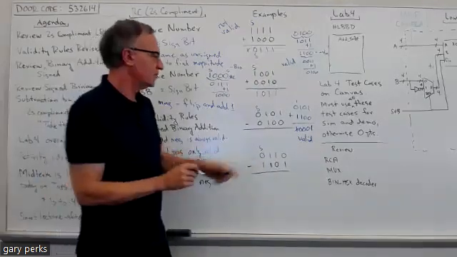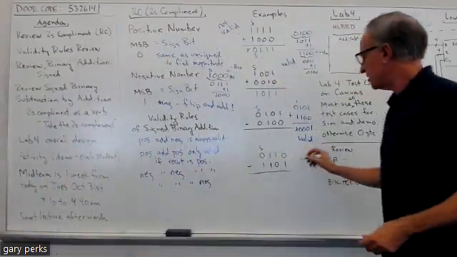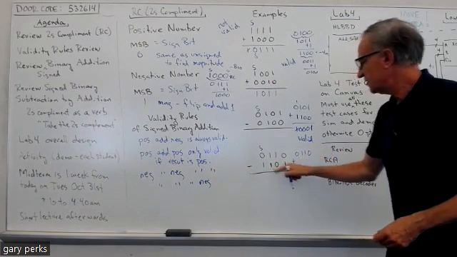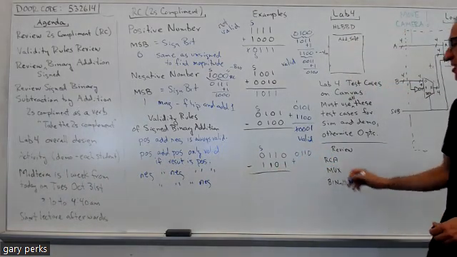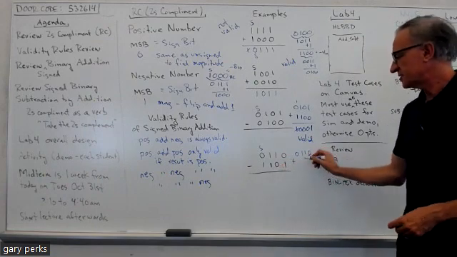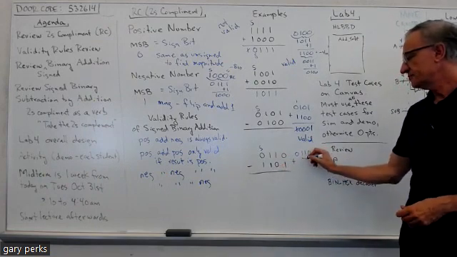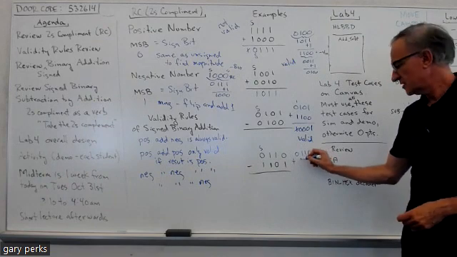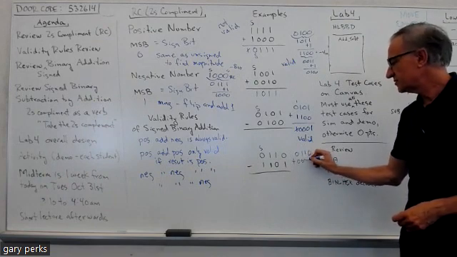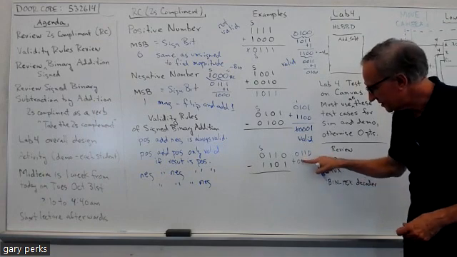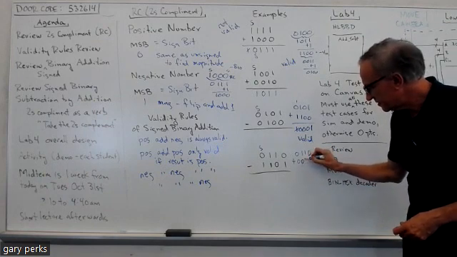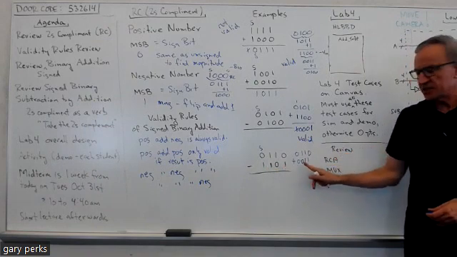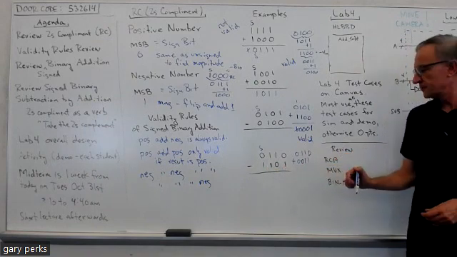Okay, and one more. This bottom one here, so again, we take the two's complement of this number. So what am I going to write here for the two's complement of this? 0, 0, 1, 1. Does everybody agree? Because I flip the bits, 0, 0, 1, 0, and then add a 1, 0, 0, 1, 1.